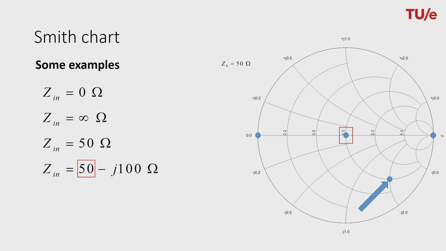So we have to move along this circle. The normalized reactance in this case is equal to minus j2, which means that we need to find the curve related to a reactance of minus j2, and we need to move along this curve as well. At the intersection of both curves, we find the particular point on the Smith chart, as indicated here.